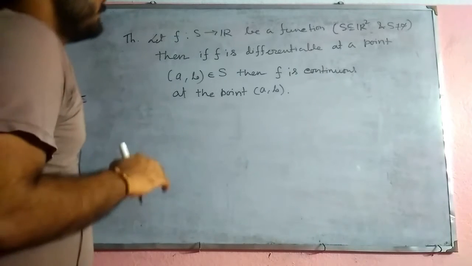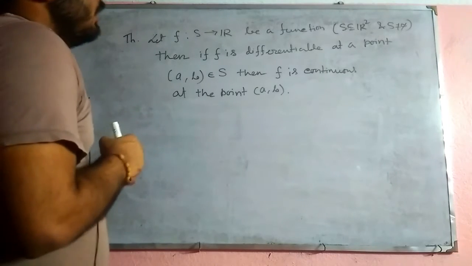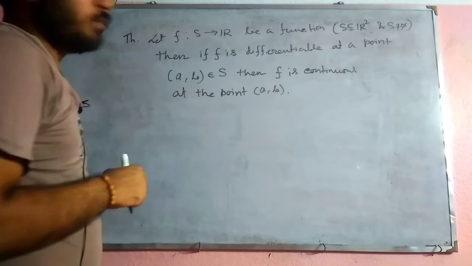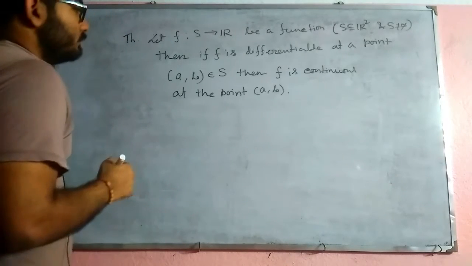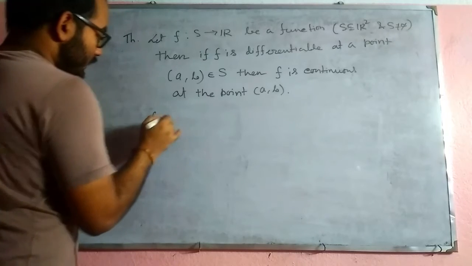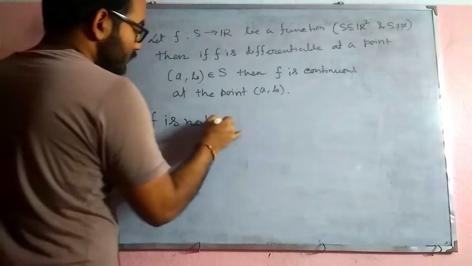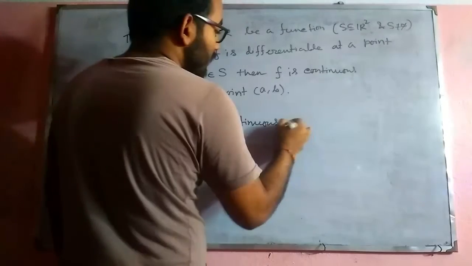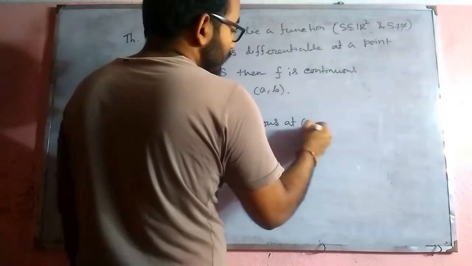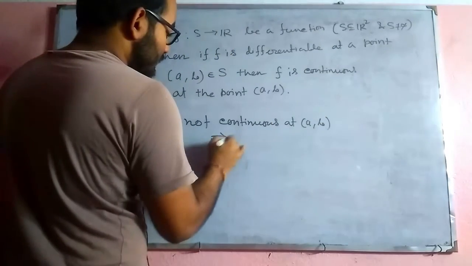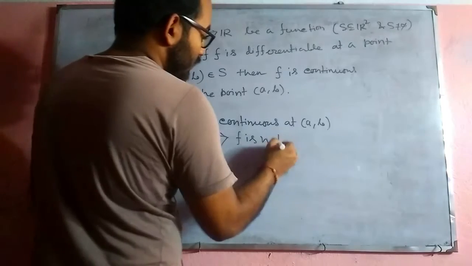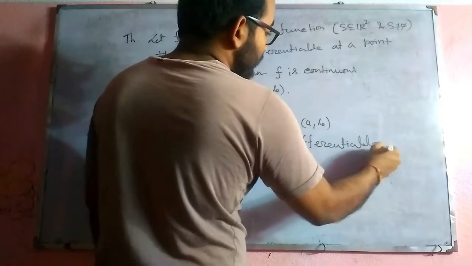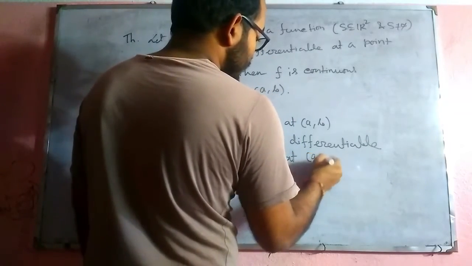But if we think of the statement contrapositively, it means f is not continuous at a comma b implies f is not differentiable at a comma b.